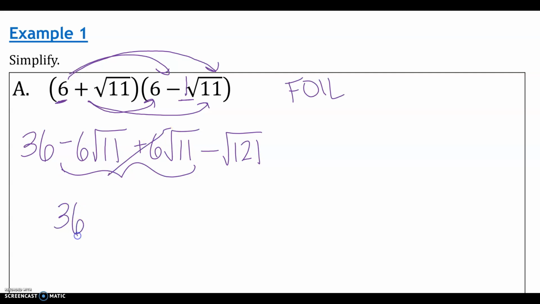You get 36 minus, well, that's 11. It looks like you're getting a whole number of 25. So this problem was interesting because when you FOILed the problem that contained numbers and radicals, your answer was just a whole number.